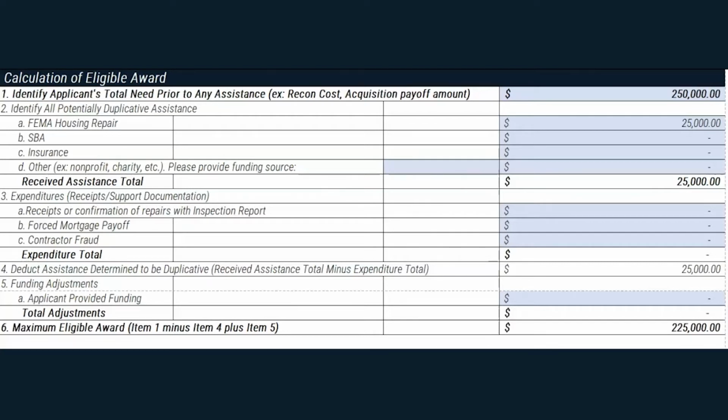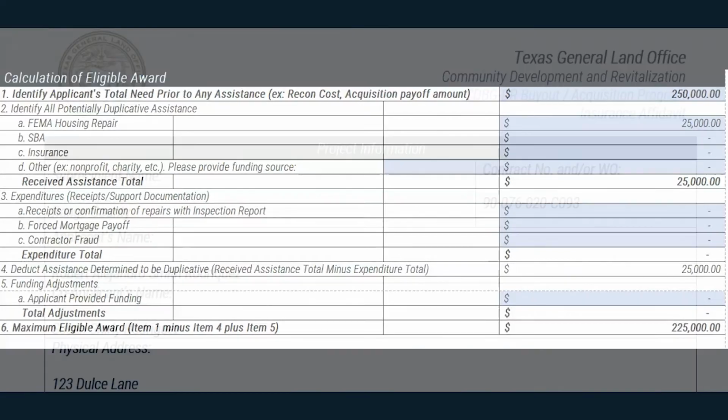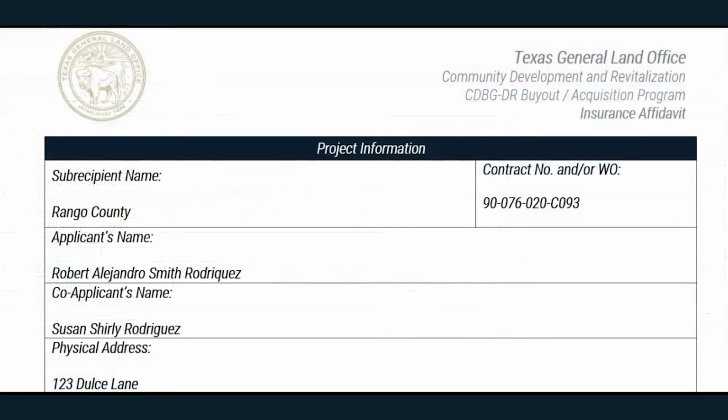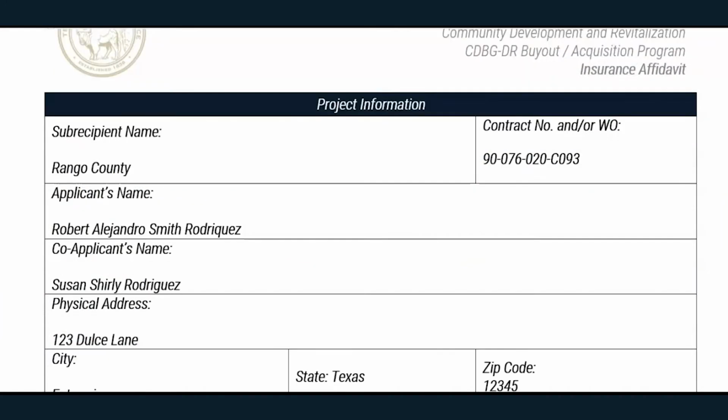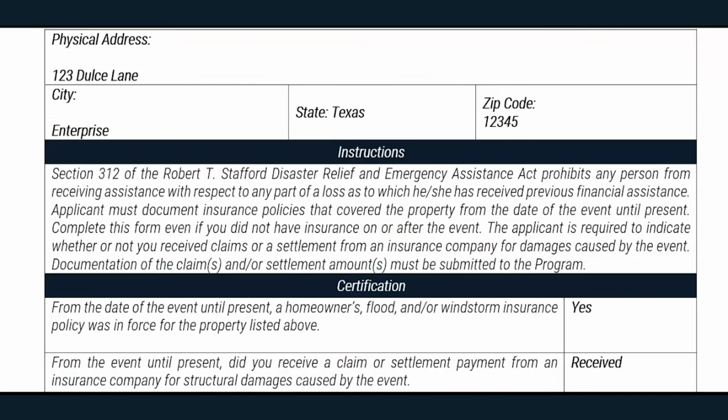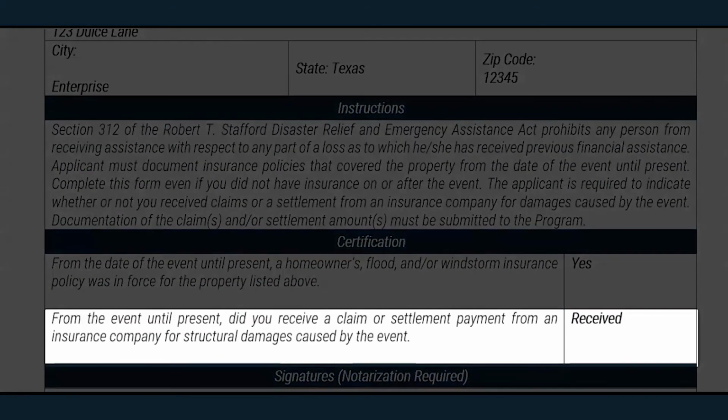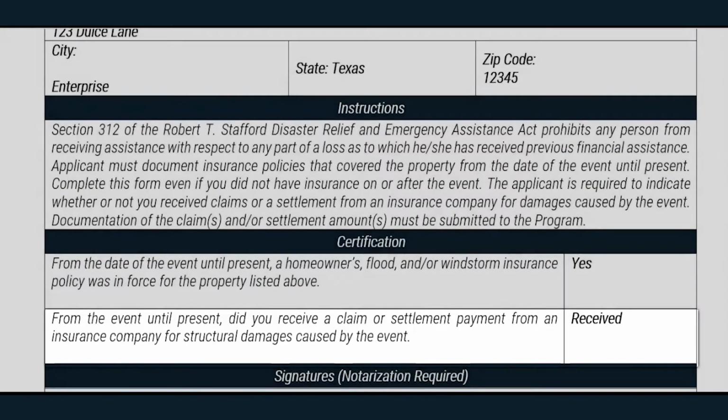This includes home insurance, NFIP policies, increased cost of compliance or ICC benefits, and other hazard insurance. Note, all applicants should have also completed the DOB insurance affidavit. If on the insurance affidavit form, the applicant marked yes, they did make a claim or received settlement payment, the monetary amount of that claim or payment must be noted in 2C.